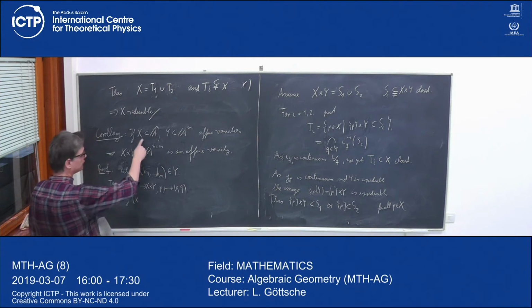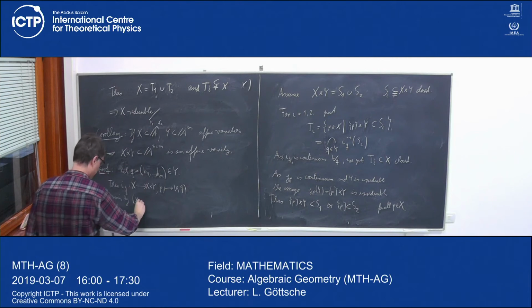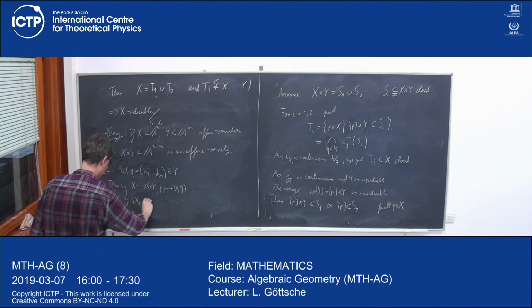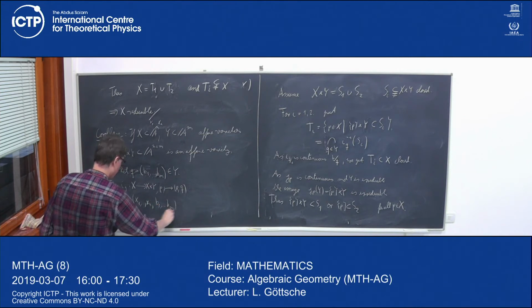If I put the coordinates here as x1 to xn, then it's just given by x1 to xn, comma, b1 to bm.